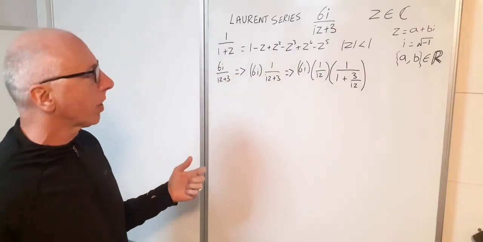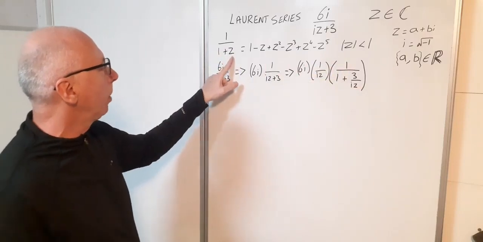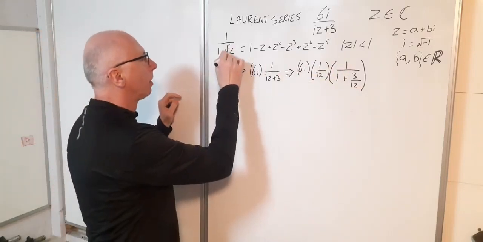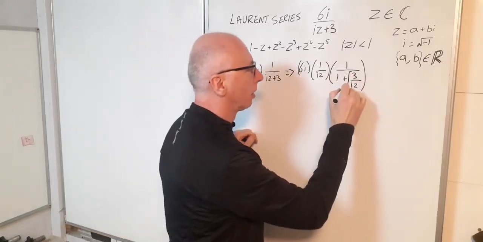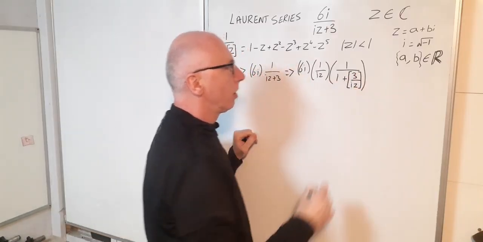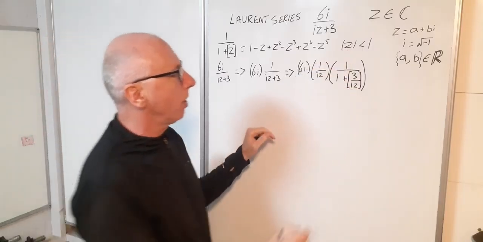Now if we use this as our building block, our input is going to be this bit here, 3 over iz.